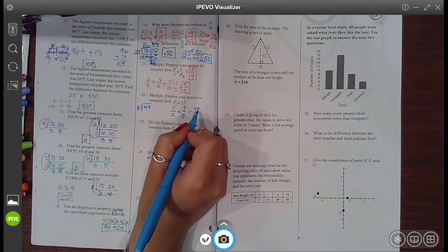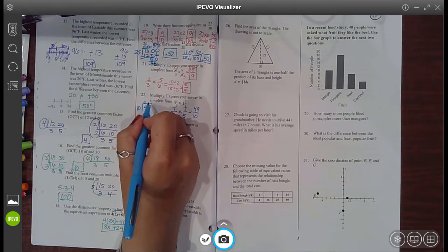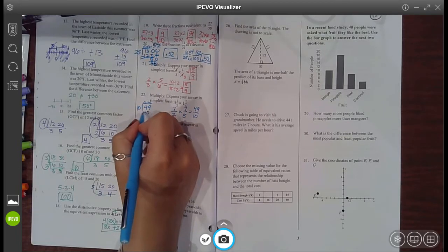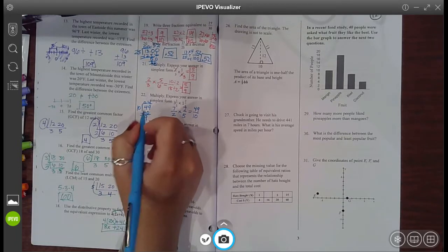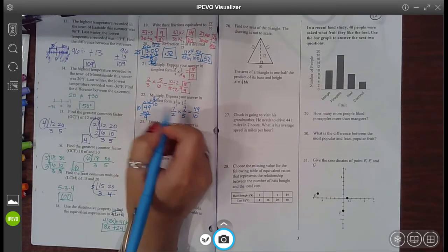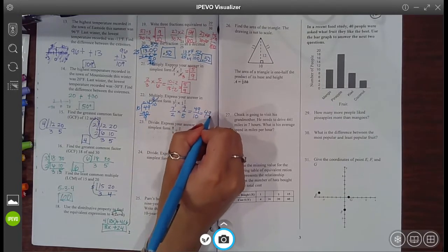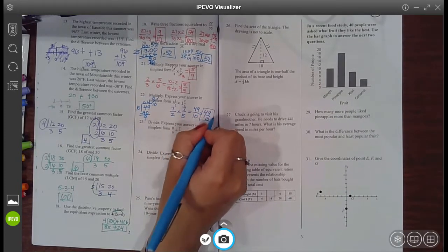So remember, top dog goes inside the house. 10 can't go into 4, but it can go into 49 4 times. 10 times 4 is 40. Subtract that and you get 9. So you put your remainder 9 over what you divided by, 10. So 49 over 10 is the same thing as 4 and 9/10.